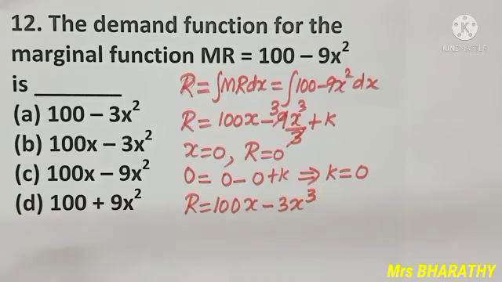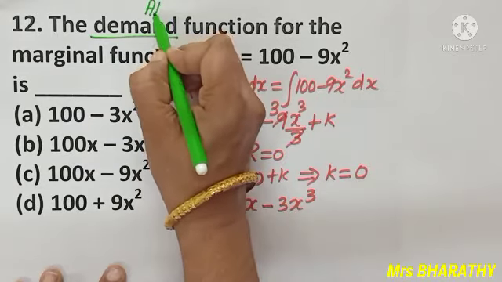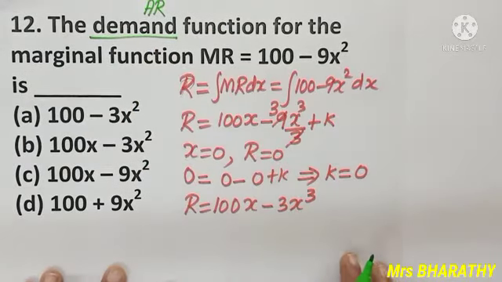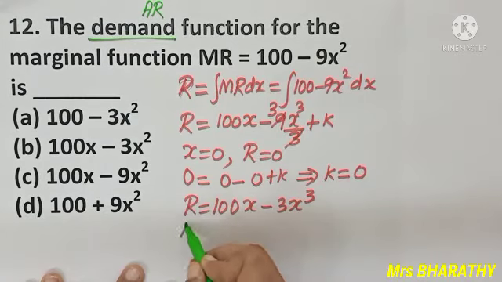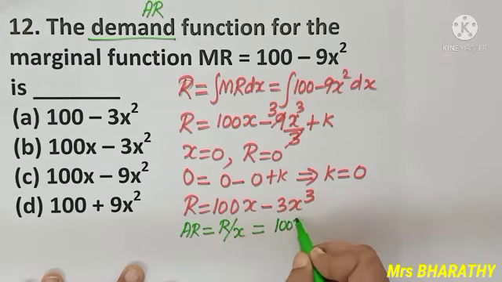What is my question? I need to find out the demand function. Demand function represents average revenue, that is R divided by x. So average revenue, the formula R by x. As we divide, 100x by x minus 3x cube by x.